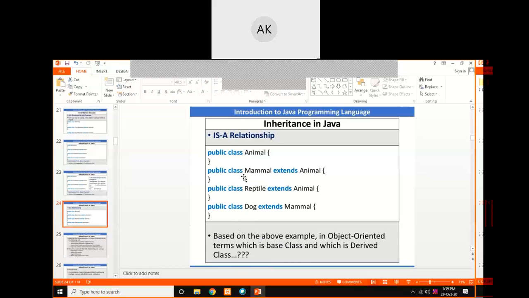Even if we have multiple levels of derivation, that is a parent class, a child class, then another child class, still those will be related to each other. In other words, if I create an object of the dog, the dog can acquire the properties of the mammal as well as the properties of the animal, because dog is ultimately an animal.